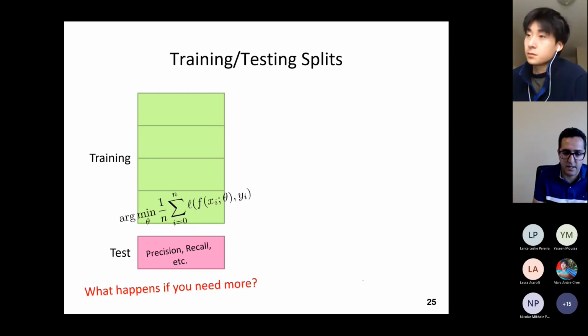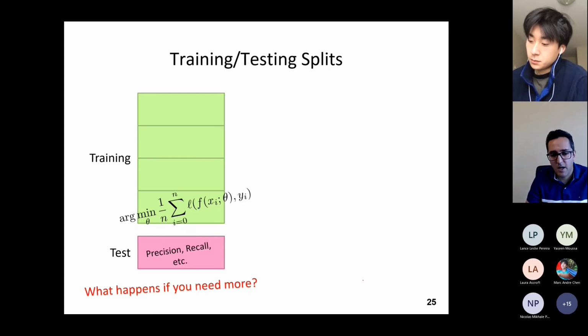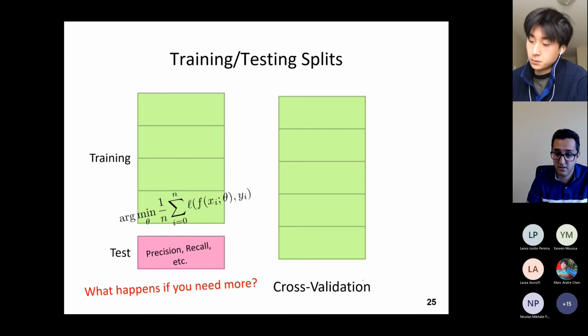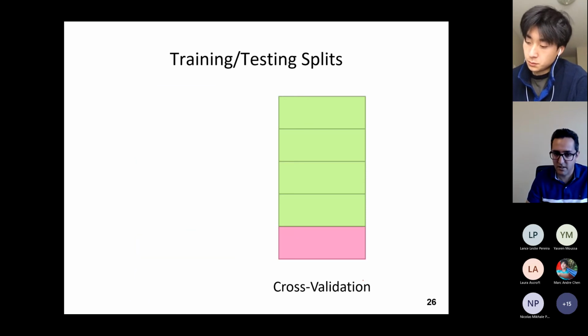Sometimes we don't have enough data, right? How can we improve our testing? A trick that can be used is cross-validation. What does that mean? First you divide your data like this. You train on the green part and test on the pink part, okay? That gives you precision and recall, right?